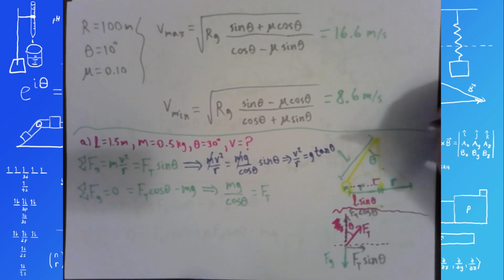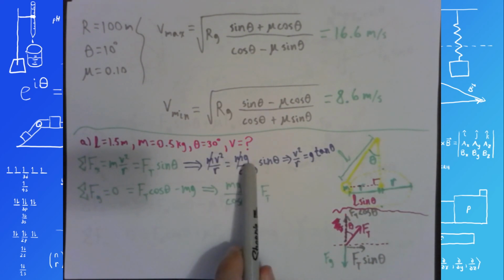Not really important to rewrite that. You could just keep it as sine theta over cosine theta if you wanted, but if you recognize that it's equal to tan of theta, then you can write it a little bit more compactly and save a little bit of time from having to write both sine theta and cosine theta. It's 4 less characters.